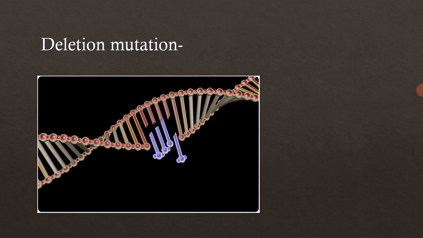This is called the deletion mutation, in which some part of your gene or DNA, or the nucleotide bases, get deleted from the original native DNA sequence, and due to which the cell will not have the properties that were present earlier. Now that has got removed, and therefore the cell becomes mutated.